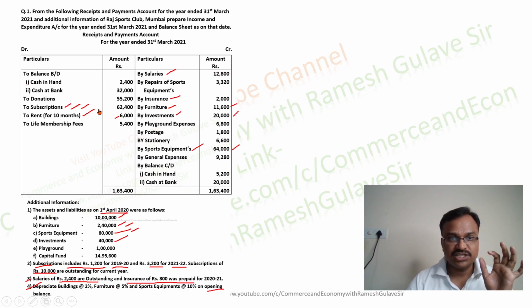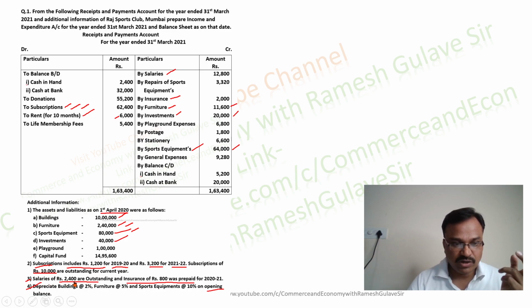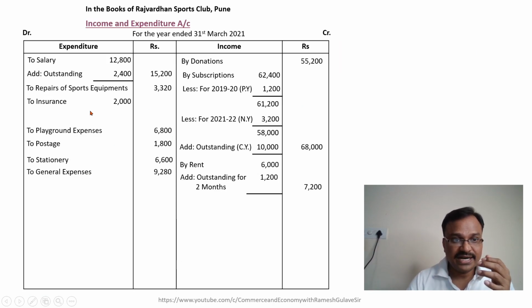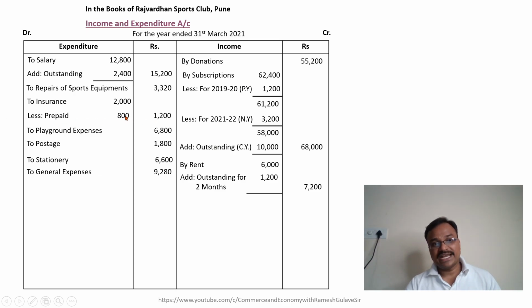After this, let us move on to the next point or next adjustment. Okay, here we have given two effects for outstanding salaries. Now the next part of the adjustment says insurance of rupees 800 was prepaid. So for prepaid insurance, again we have to subtract this from the insurance, because we have paid insurance in advance. So here we have recorded insurance in the inner column 2,000 less prepaid insurance 800.